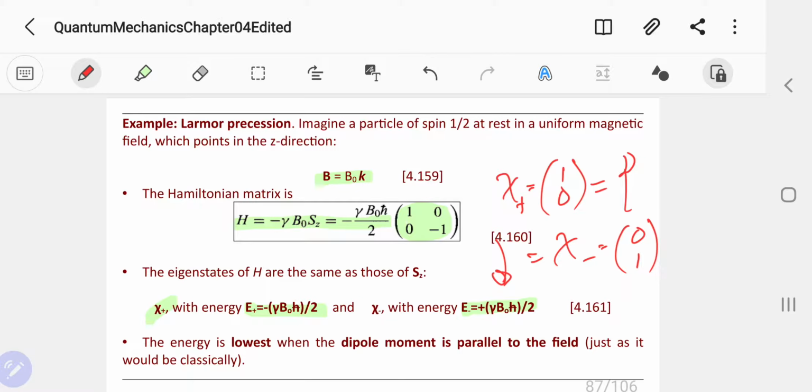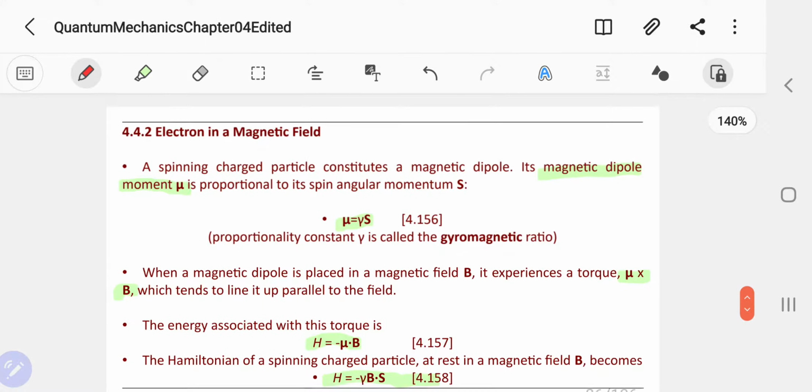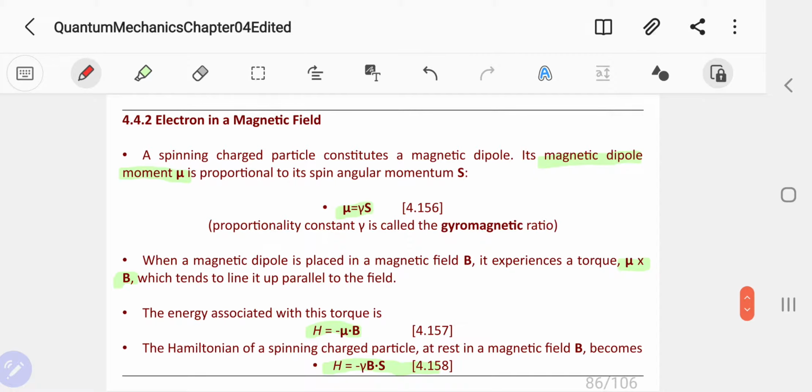The energy is lowest when the dipole moment is parallel to the field, because it's a dot product, and if it's parallel, the angle between the magnetic field and the mu would be 0, so you have negative mu B cosine 0. So it's the lowest energy because it's negative.